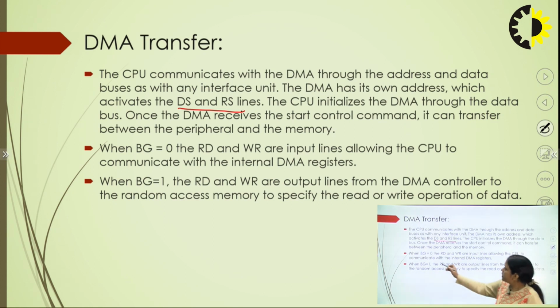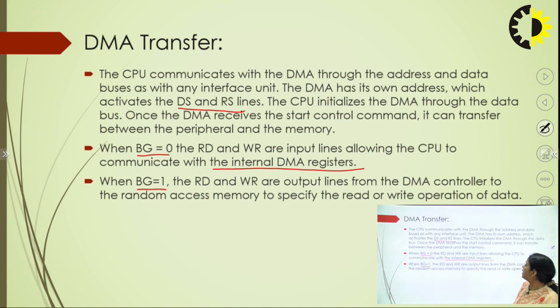When BG is equal to 0, the read and write are input lines allowing the CPU to communicate with the internal DMA registers. When the value of BG is equal to 1, the read and write are output lines from the DMA controller that access memory to specify the read and write operation of data.